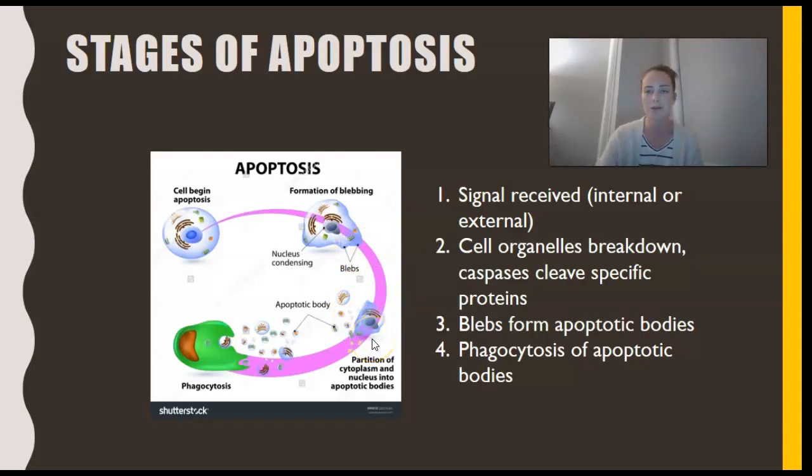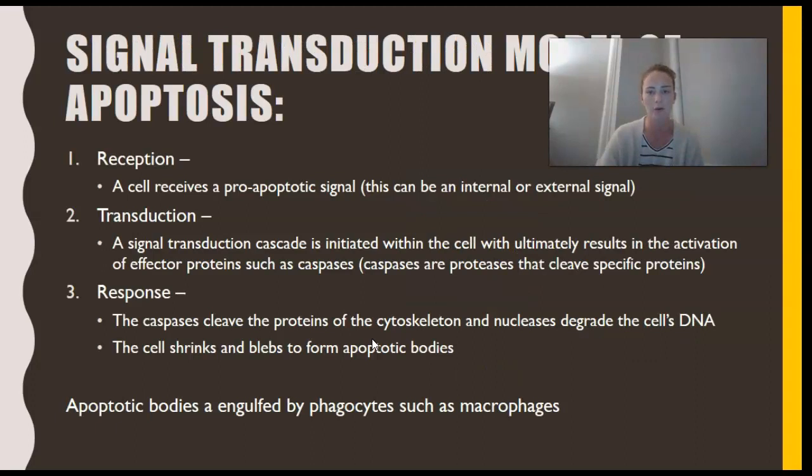We'll get a little bit more detail on those. So this is a really nice summary of how you can talk about that signal transduction model for apoptosis. So one, we're talking about reception. A cell receives a pro-apoptotic signal. This can be an internal or an external signal. So that's the last part of apoptosis that I need to talk about, is what's happening in comparison with both of those.